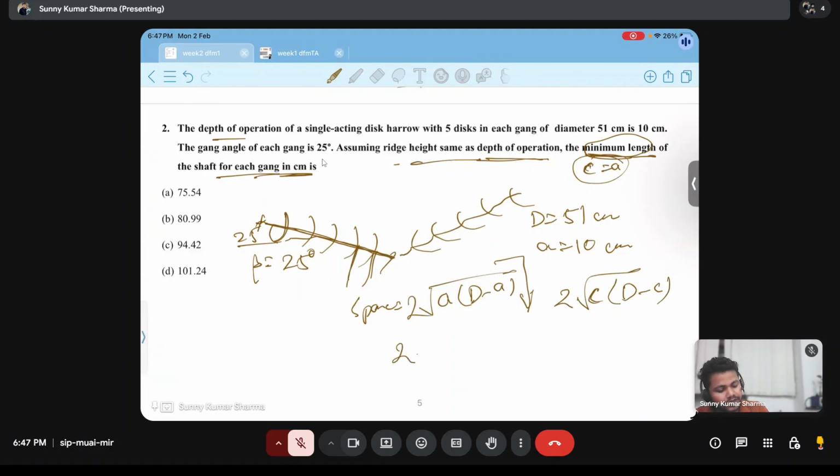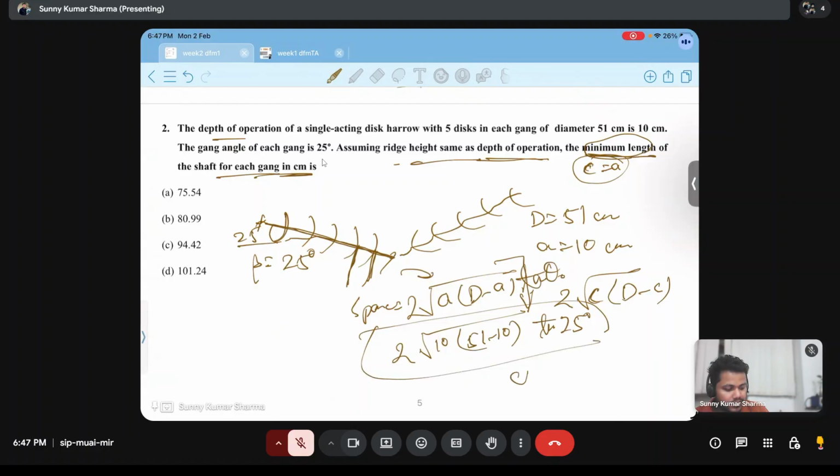So the spacing you can get, with tan theta, where theta is the gang angle. This is the formula for spacing: 2 into root under a into d minus a into tan theta. So this is 10 centimeter, 51 minus 10, into tan theta. Theta is 25 degree.